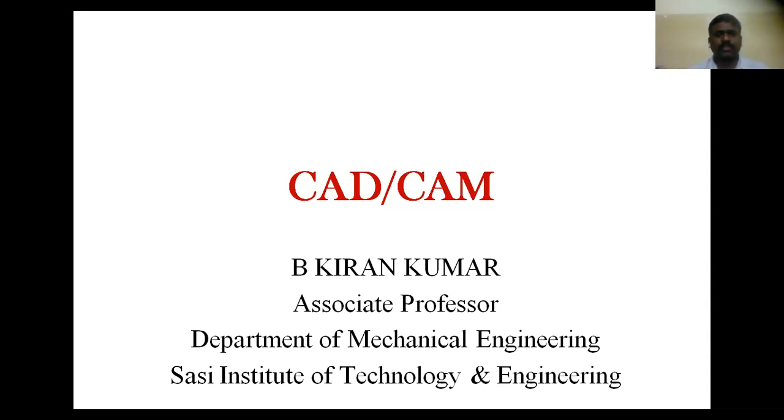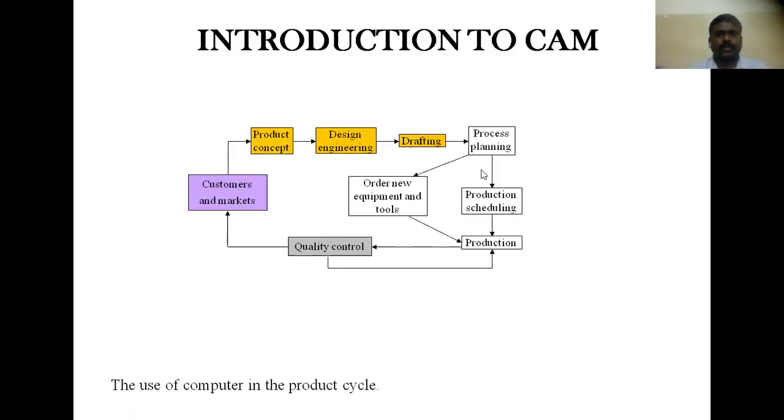For example, if you want to observe the life cycle of any product, this is a basic product cycle. The product starts from the market, where the feedback from the market, what the actual customers need, what the customer is looking for, this information is taken in the form of feedback.